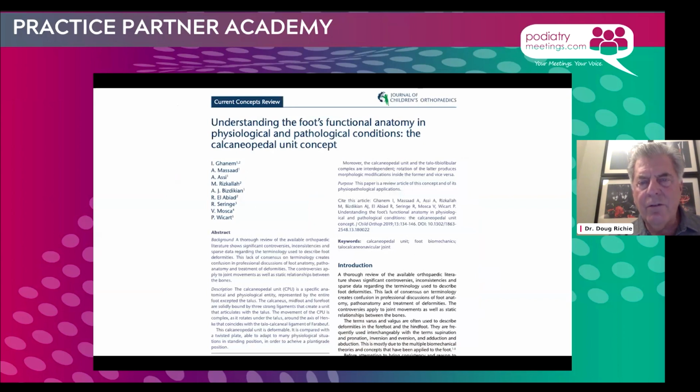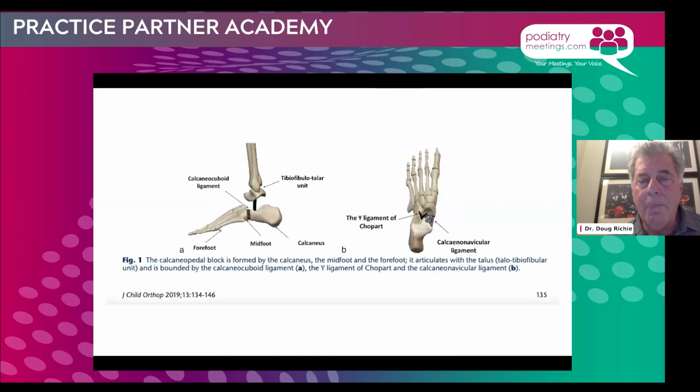Just 2 years ago, a group of eminent pediatric orthopedic surgeons teamed together to again focus on this concept of the calcaneopedal unit, or the twisted plate concept, in surgical approaches to clubfoot, cavus foot, and pes planus.